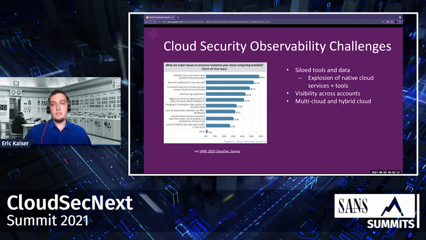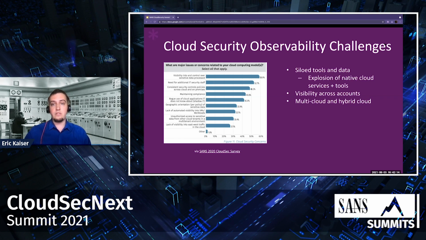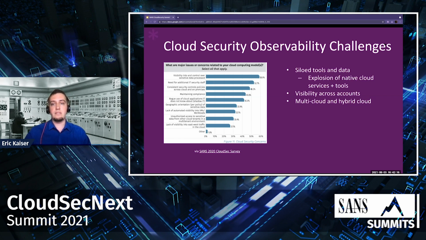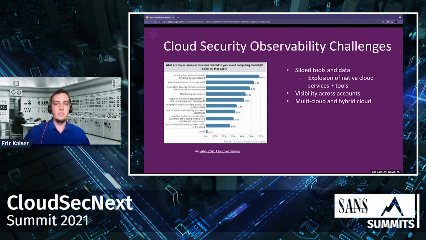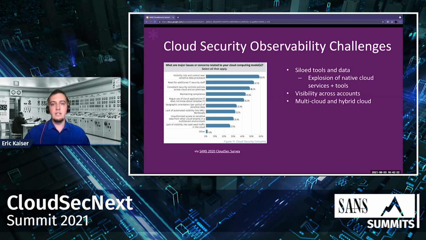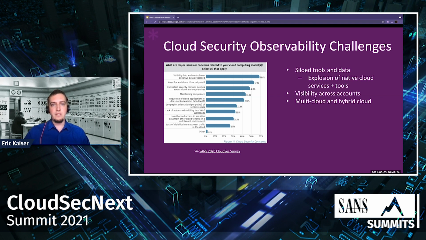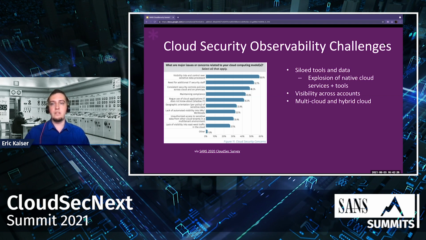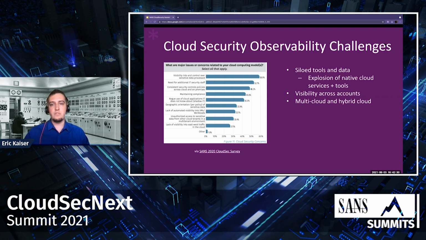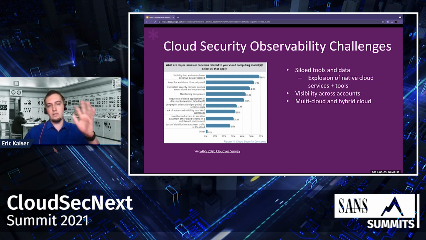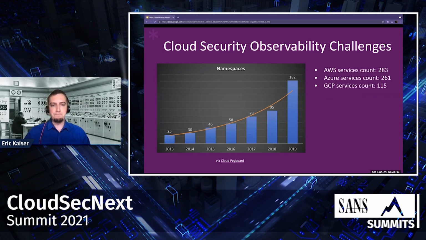So the biggest cloud security observability challenges are siloed tools and data, right? There's been a huge explosion of native cloud services and tools across multiple clouds, even multiple AWS accounts inside your organization, let alone hybrid cloud where you might have on-premise and cloud infrastructure.